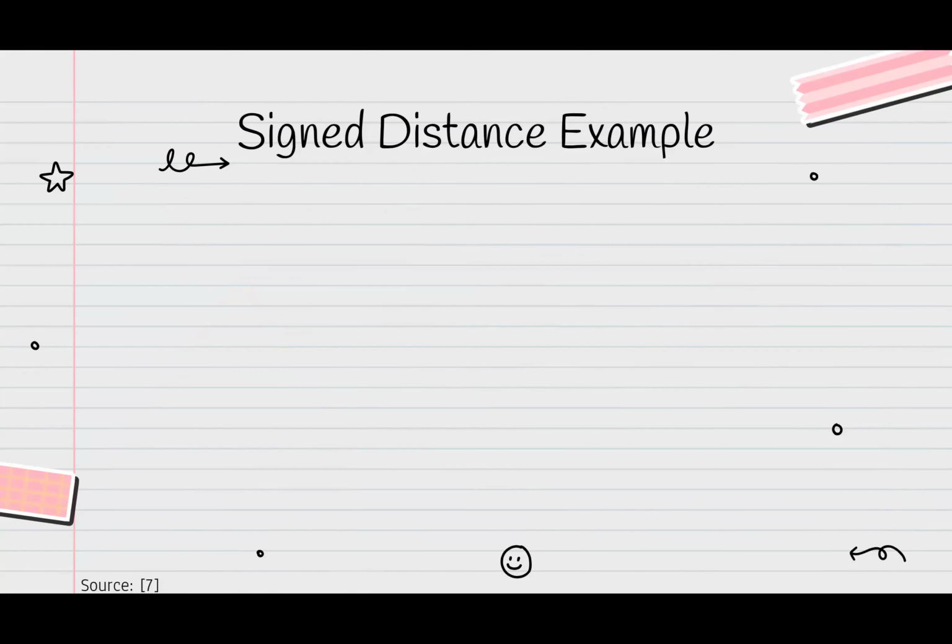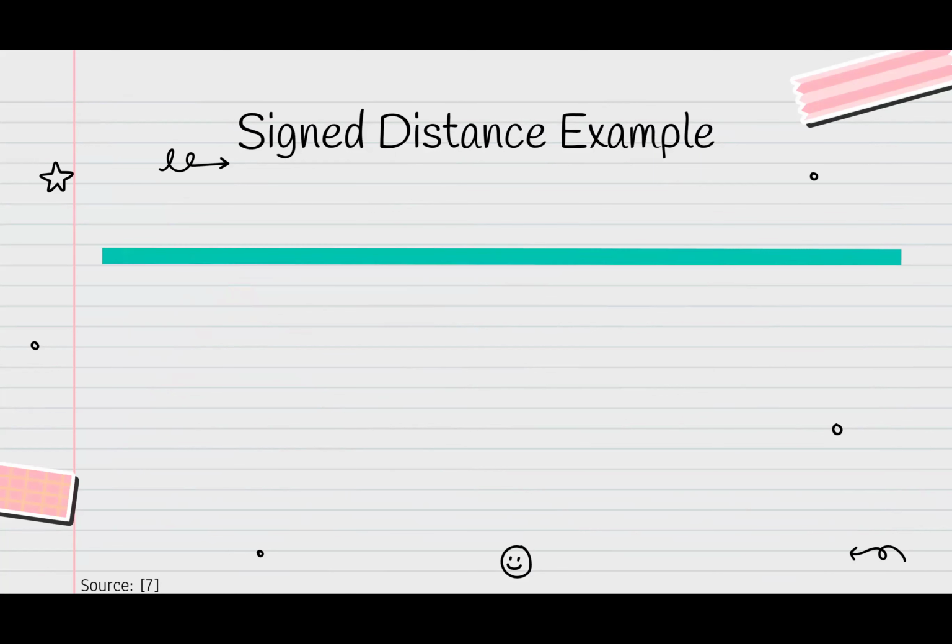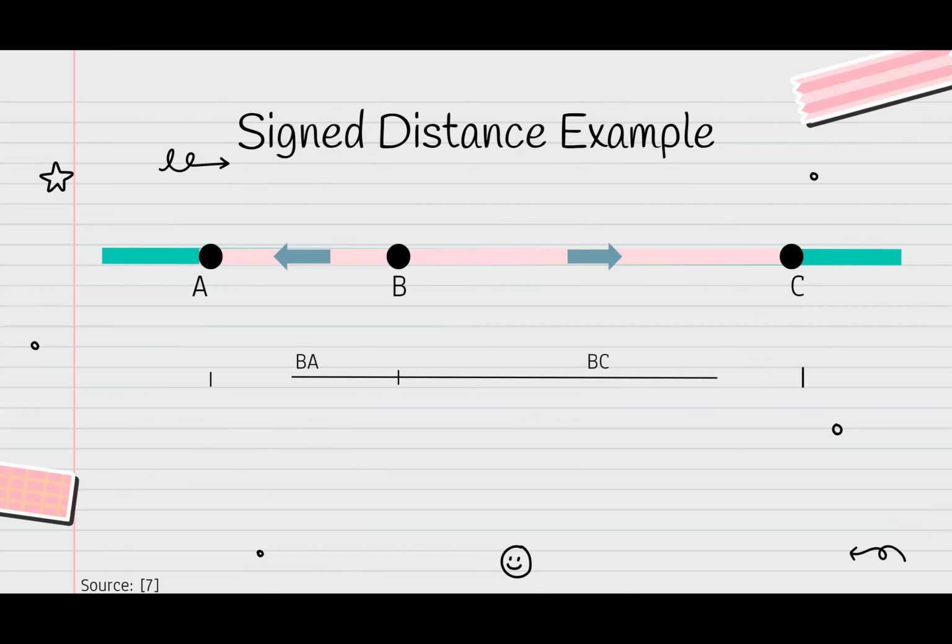To further elaborate on sine distance, we can imagine a line, and it's going to have three points, A, B, and C. If we focus on the line segments BA and BC, we can see that the arrows point in opposite directions.